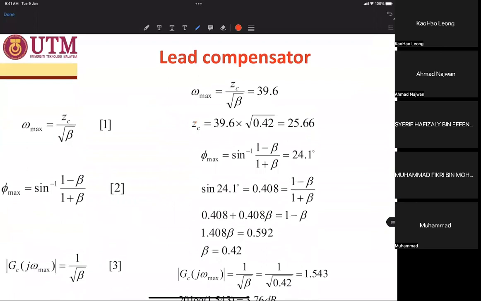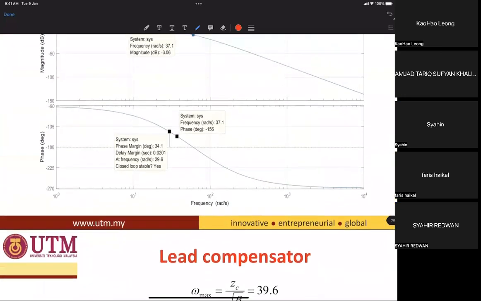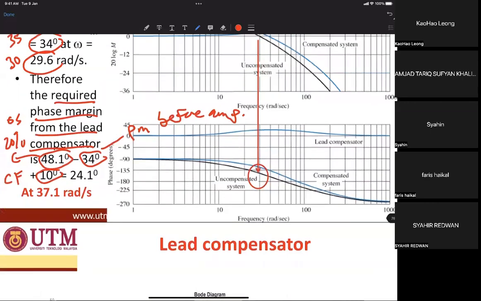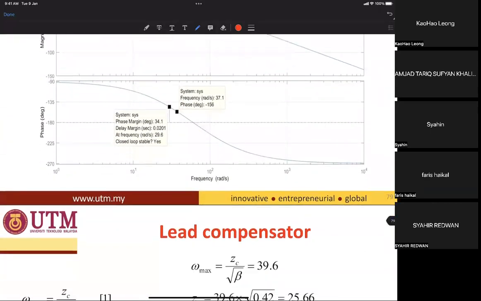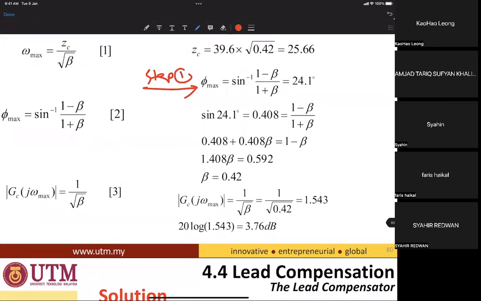We start with this one first: the maximum phase margin, which is 24.1, the one we got just now. Where do you get 24? 48 minus 34 plus 10. Inverse sine of 1 minus beta over 1 plus beta.